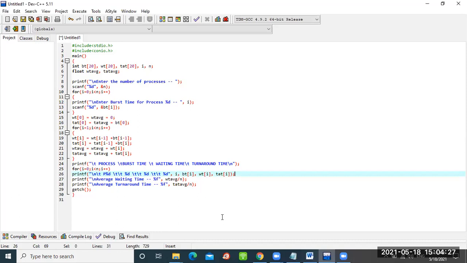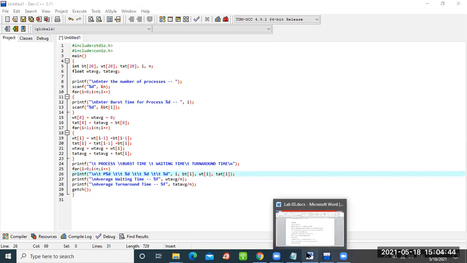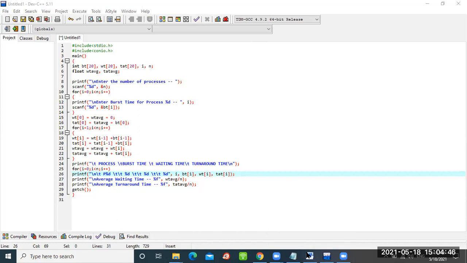Okay, so we will wait for another 2 minutes, then we will try to execute. Those who have a laptop, write down this code in the laptop and try to run the program. Once the output is there, you can share your screen and show me.